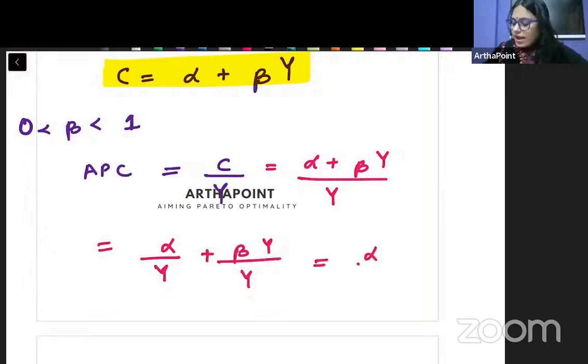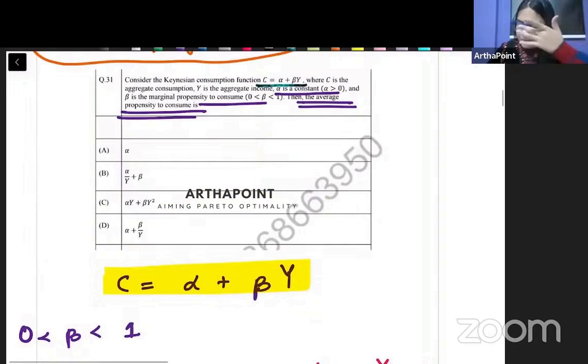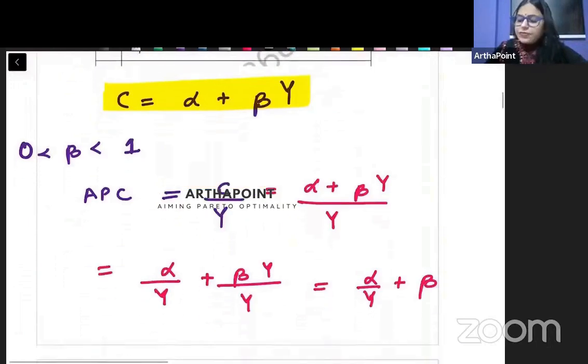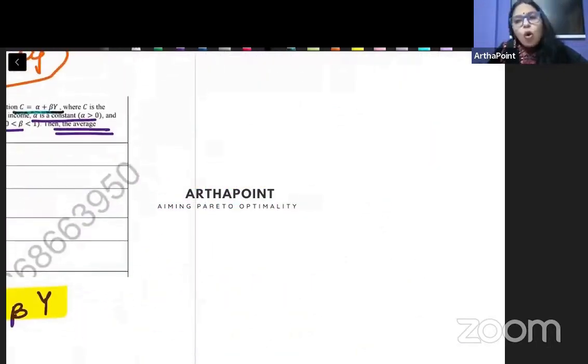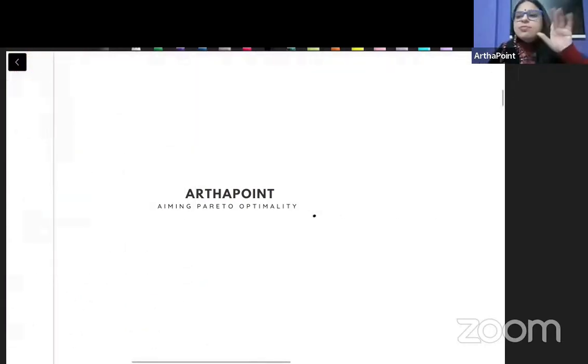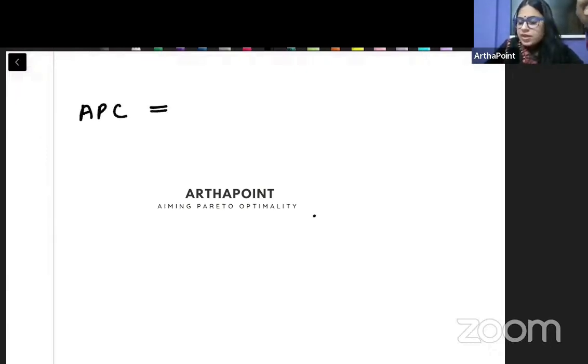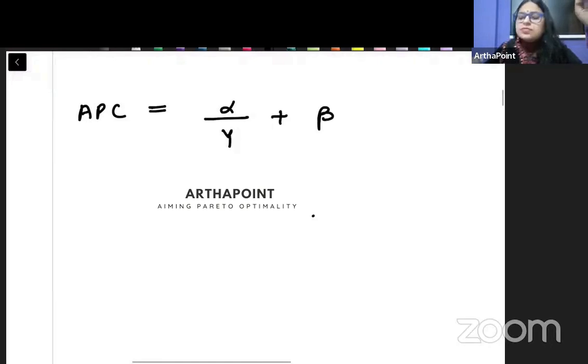Beta, this will give you alpha by output plus beta. अच्छा पहले हम आंसर मार्क कर लेते हैं. तो this will be alpha by y plus beta. But from here we can go ahead and we can also derive one more important result. क्या मिला हमें? We got average propensity to consume is equal to alpha by y plus beta.